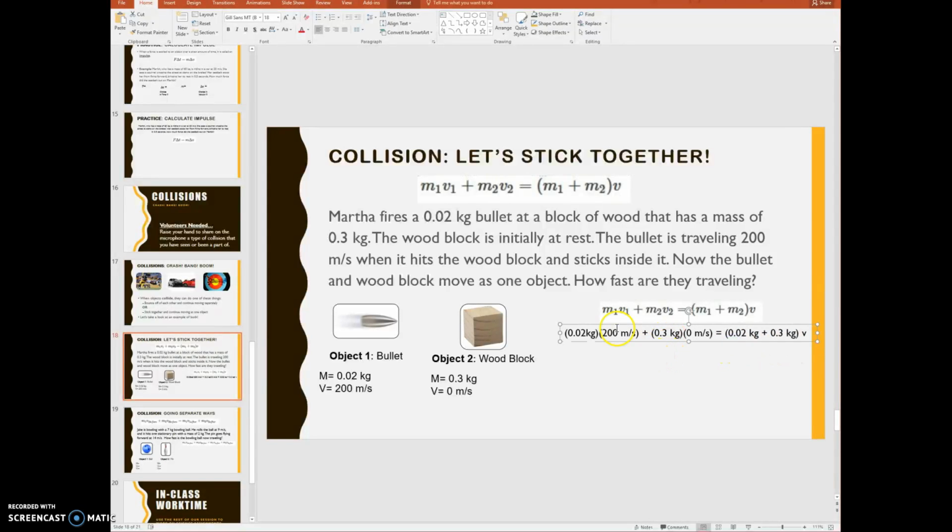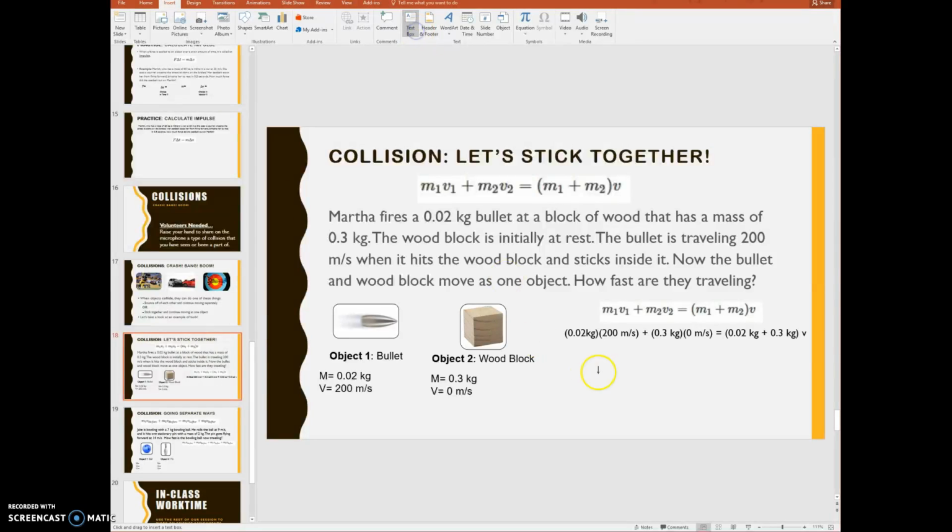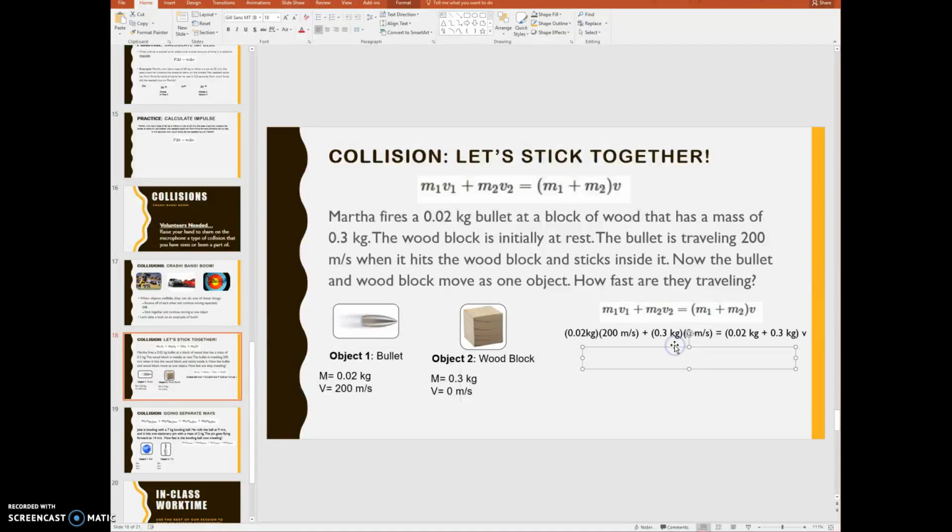So now that I have taken my equation and filled in the information I found in place of those variables, I can start to solve it. Using another text box to show my information, I'll take my calculator, my tool that helps me stay accurate as a scientist. I can take 0.02 times 200, and that gives me a value of 4 for this first portion.